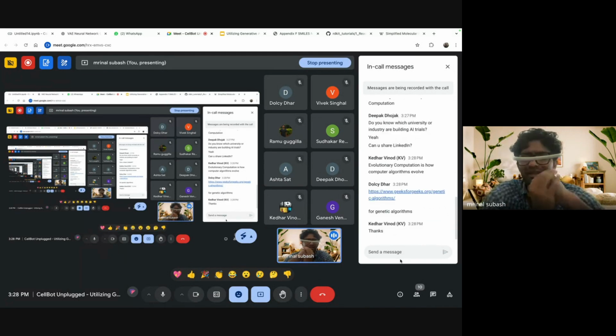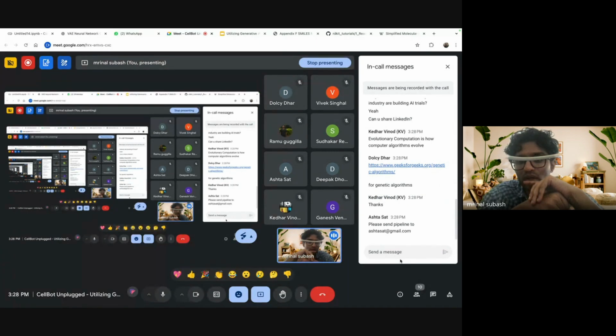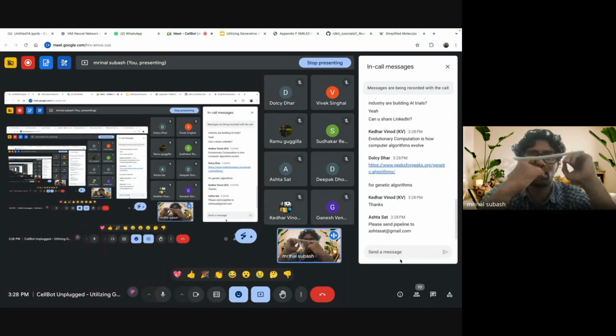In terms of universities, top universities for R&D in AI are in the US and UK. I have been recently researching universities in the UK, and I think the University of Bath has a generative AI lab that they're working on, especially for drug discovery.